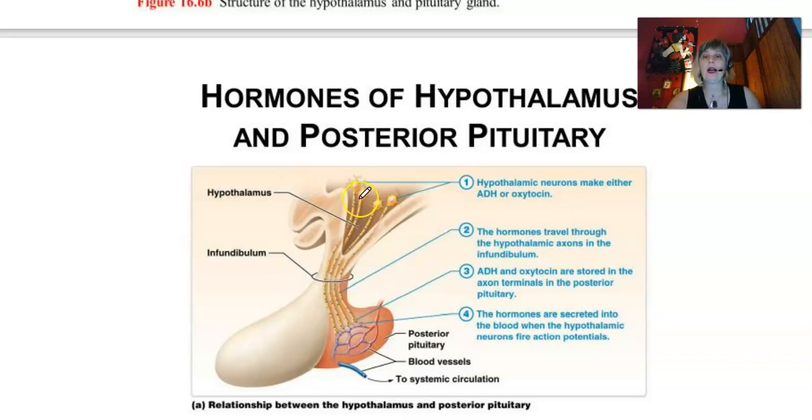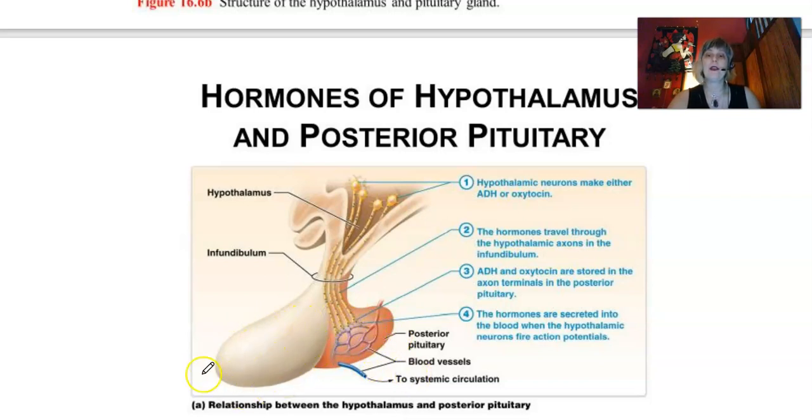So, oxytocin is the hormone produced by the paraventricular nucleus, and the supraoptic nuclei over here is where the antidiuretic hormone is produced.